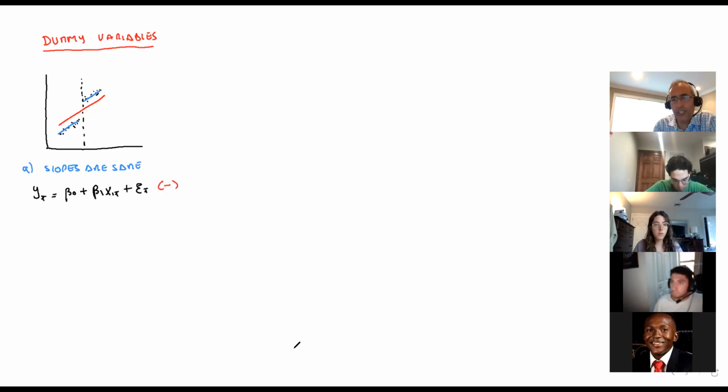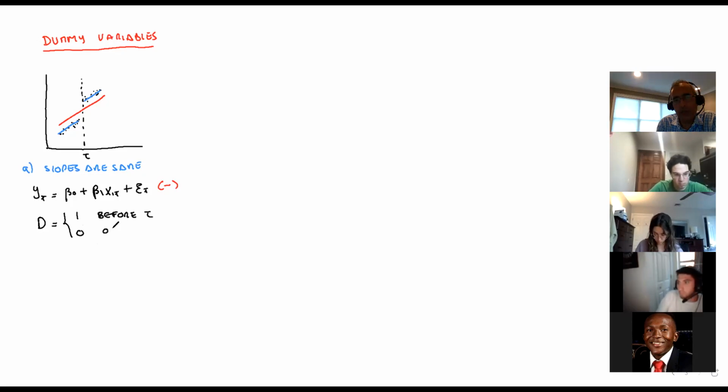This is the one that creates my red line. Now, if I want to create something that produces the blue line, what I will do is define a variable d. I will say simply d equals 1 for any date before tau, and 0 otherwise. Do you agree?